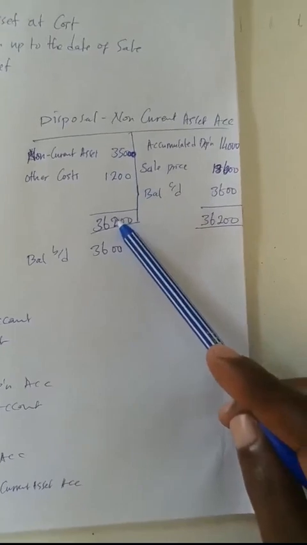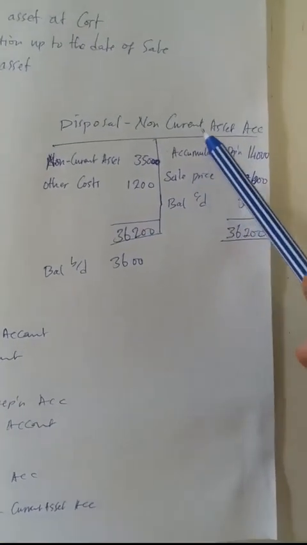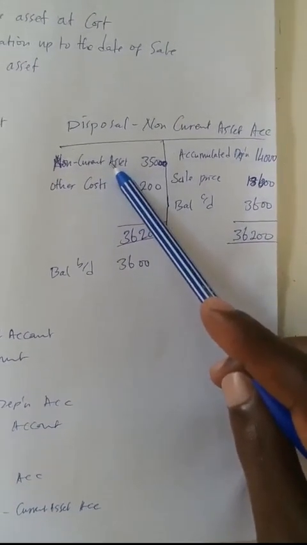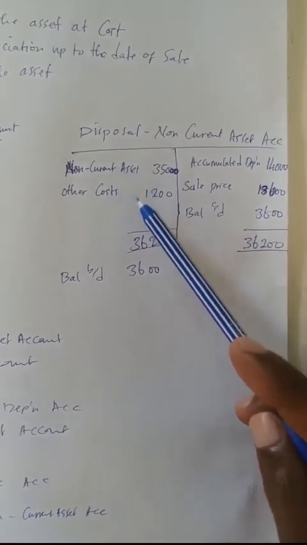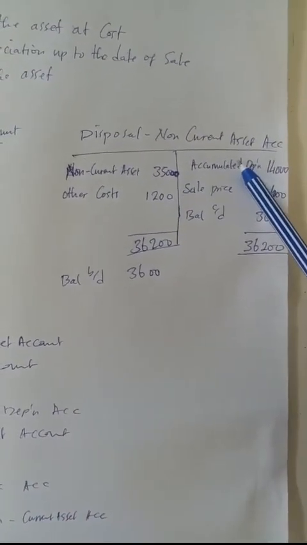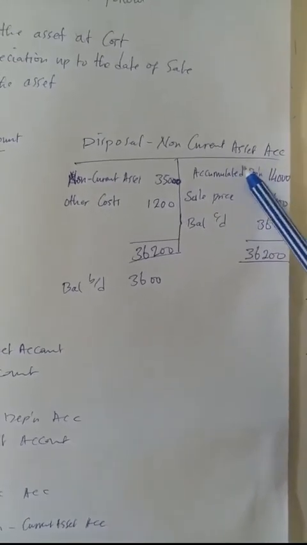Now let's go to the credit side. What's happening on the credit side? Accumulated depreciation is reducing the value of the debit entries because the asset is diminishing in value. To show that we are subtracting, it has to be a credit entry.